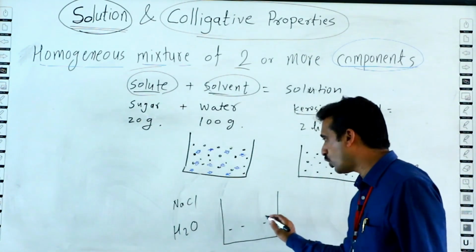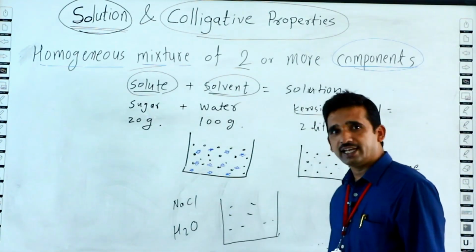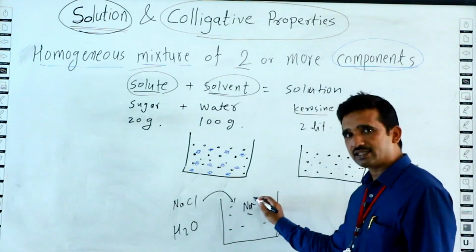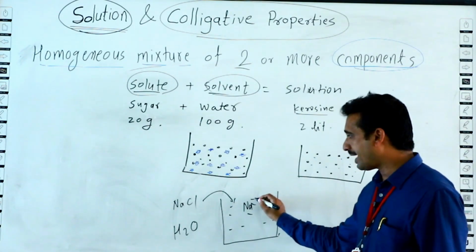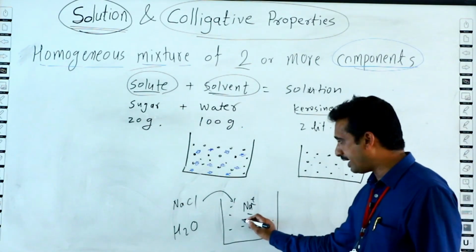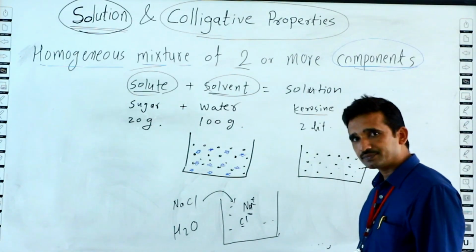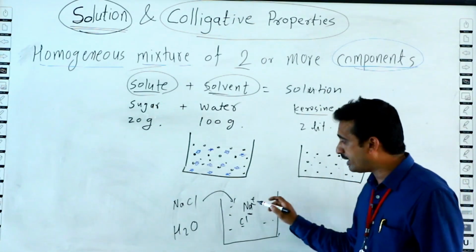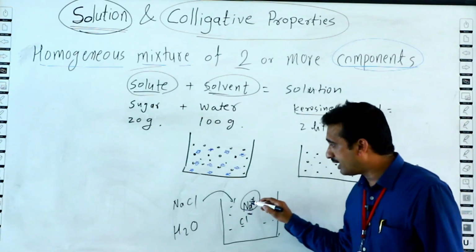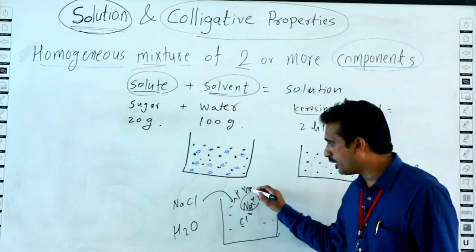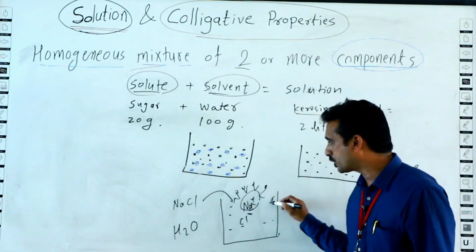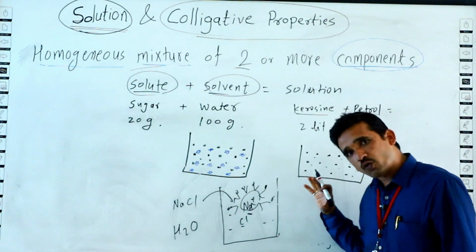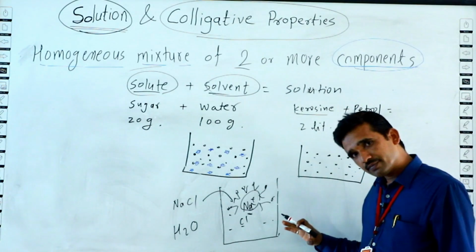When NaCl is added, it dissociates as Na plus and Cl minus. There must be interaction, attraction between these ions and the surrounding water molecules. This attraction is responsible for solubility.